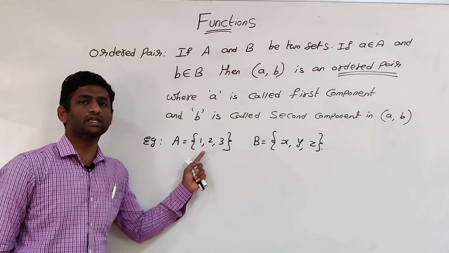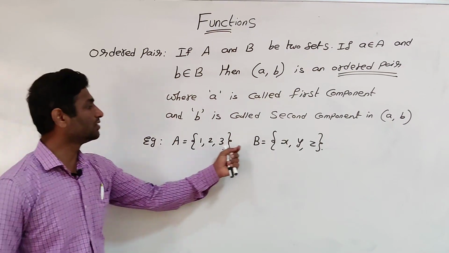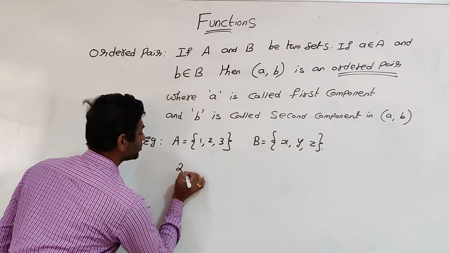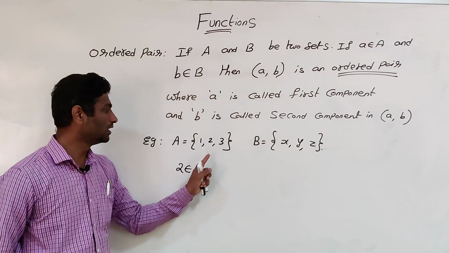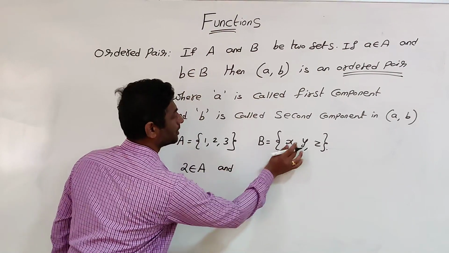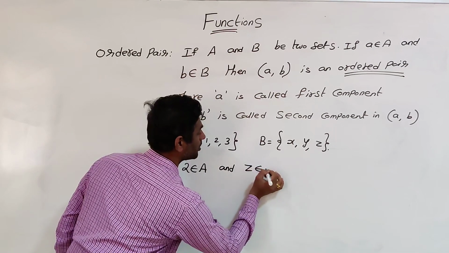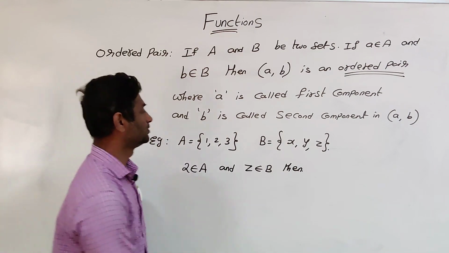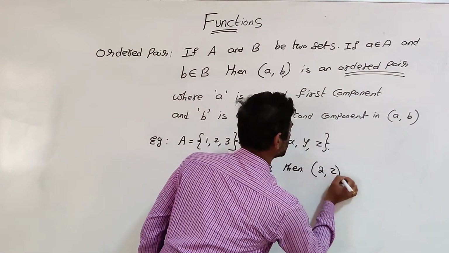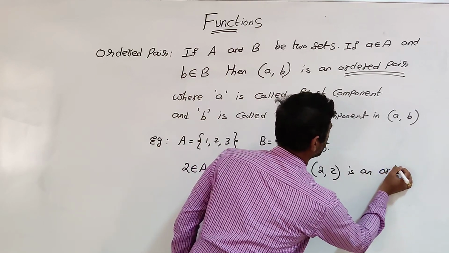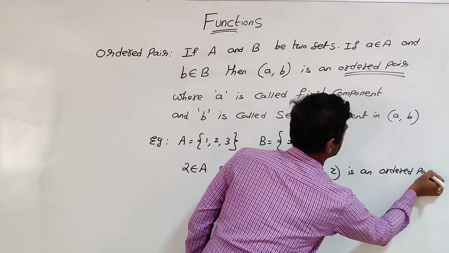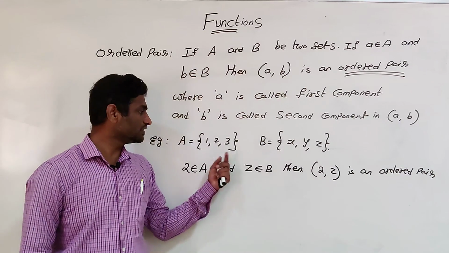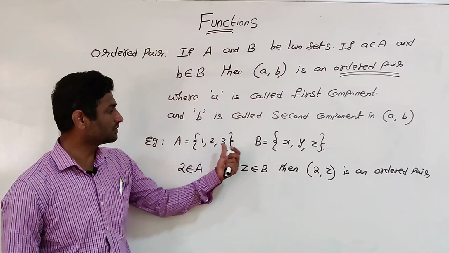Let us choose one element which belongs to set A and one element from set B. Assume 2 belongs to A and z belongs to B, then the pair (2, z) is an ordered pair. So this is an example of an ordered pair.